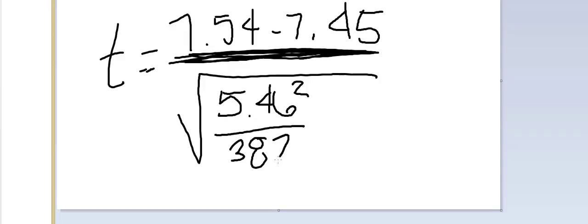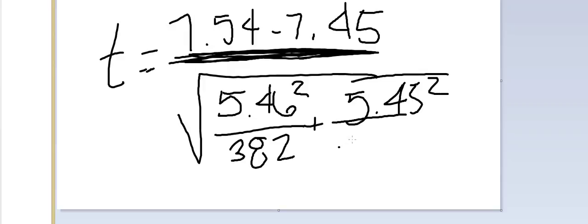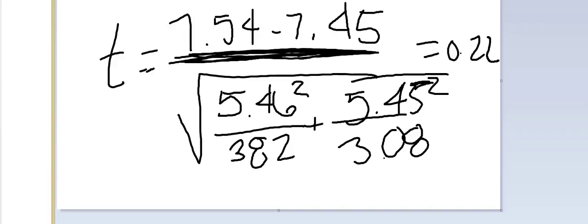So all of those measurements are measurements for females. And then we have 5.45 squared divided by 308. So that results in a test statistic equal to 0.22.